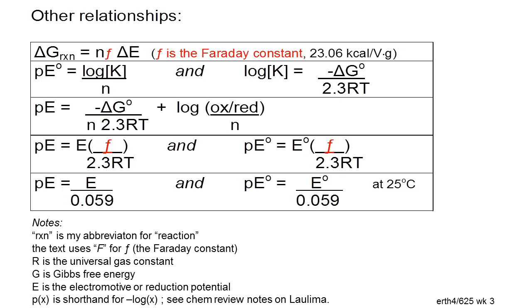The way we translate between the two is F over 2.3 RT, T being the temperature, R being the universal gas constant. And at 25 degrees C, which is 298 K, that series of constants, F over 2.3 RT, collapses down to 0.059. So that you can see the relationship, for instance, pE equals E over 0.059.